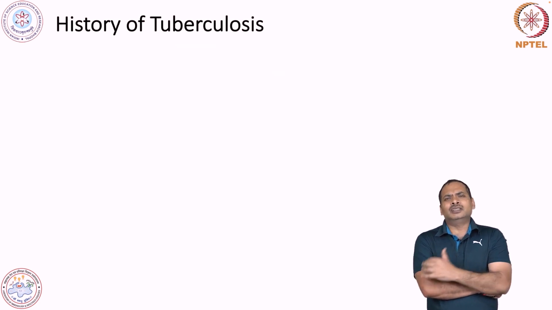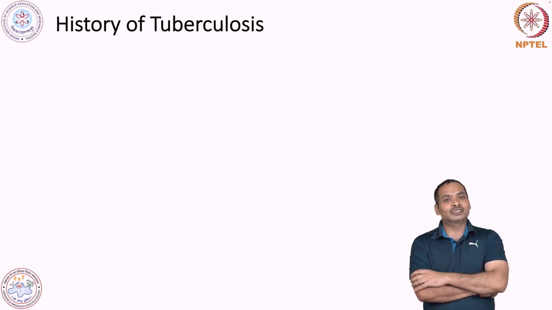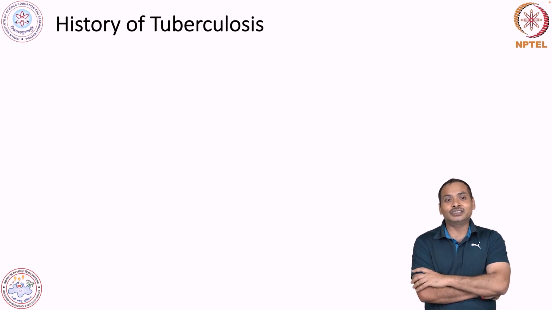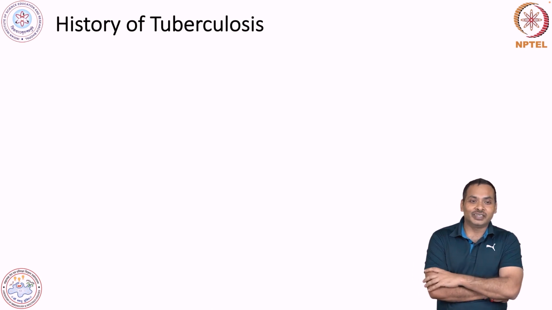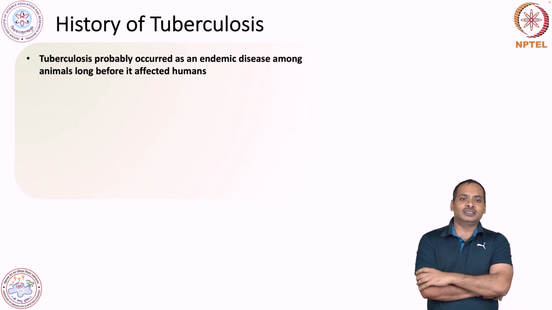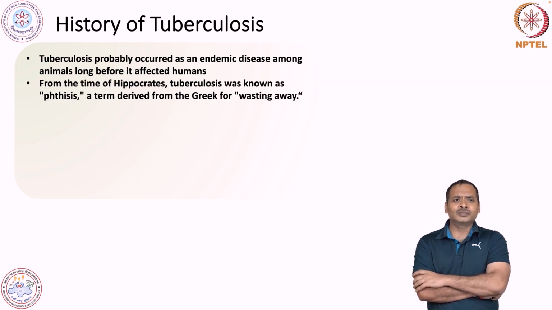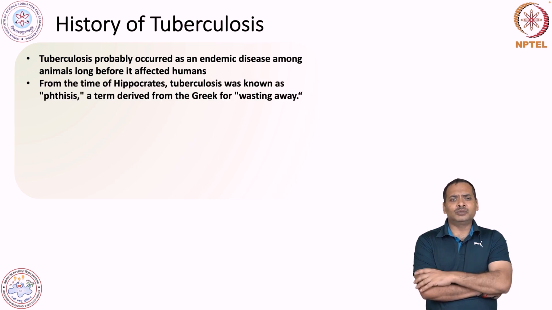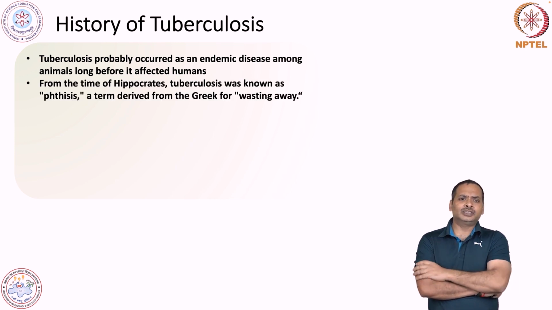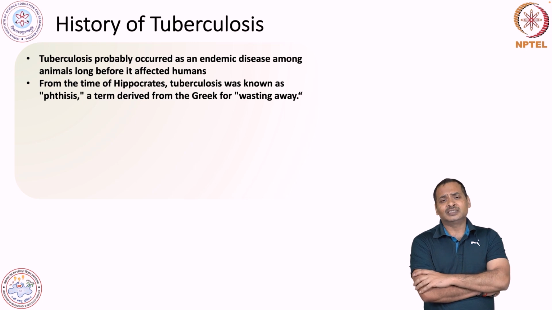Now I just want to turn to the history, because I have discussed the cockroach, and how Mycobacteria is very successful, and we have all the evidence. Tuberculosis probably occurred as an endemic disease among animals long before it affected humans, and from the time of Hippocrates, tuberculosis was known as phthisis.